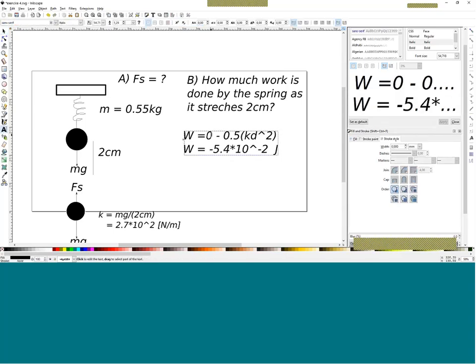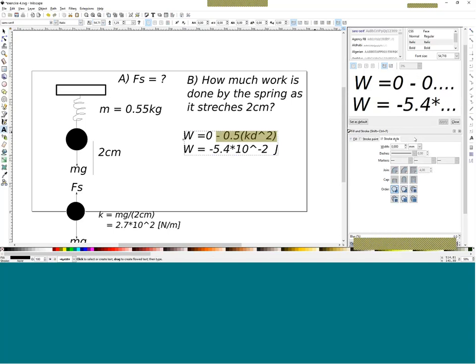Therefore, the work done in the initial phase is 0 because it's moving. And once I move closer to here, then I'm subtracting the work done further along the way, and therefore the resulting or end force applied should be negative. It's all relative. That's the most important thing you have to understand.